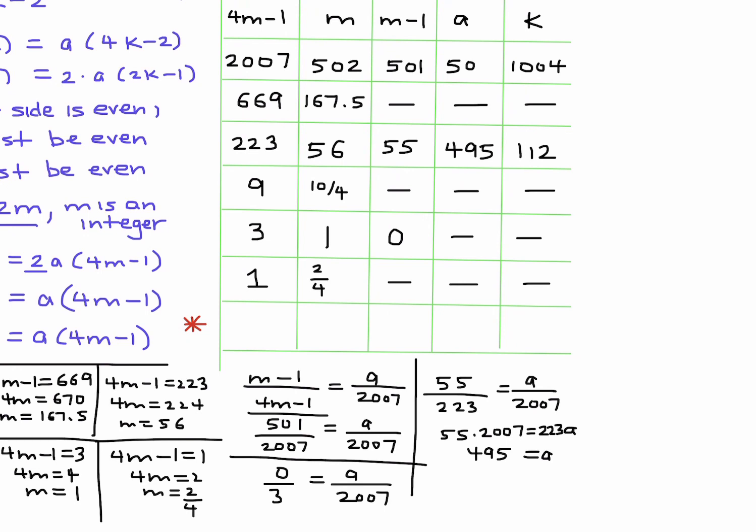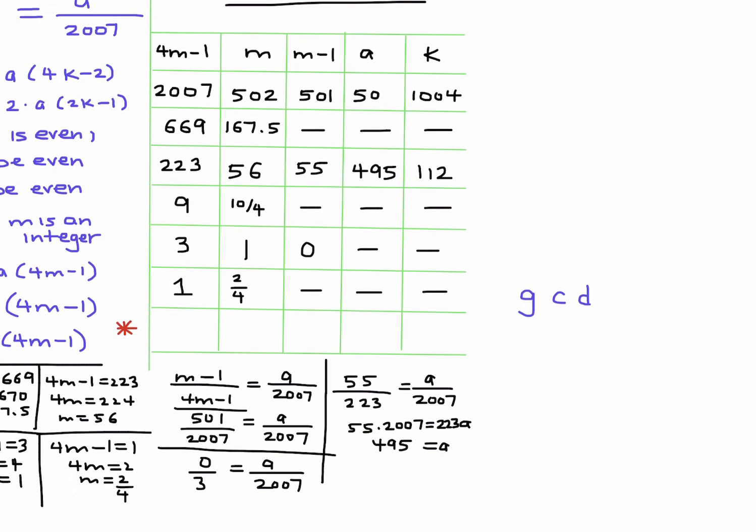By using greatest common divisor, GCD, you come to the conclusion that if you have a number like a over 2007, it doesn't have to be exactly in these forms. It can be in a slightly different form. And the form that they come up with using GCD is 6 over 27.